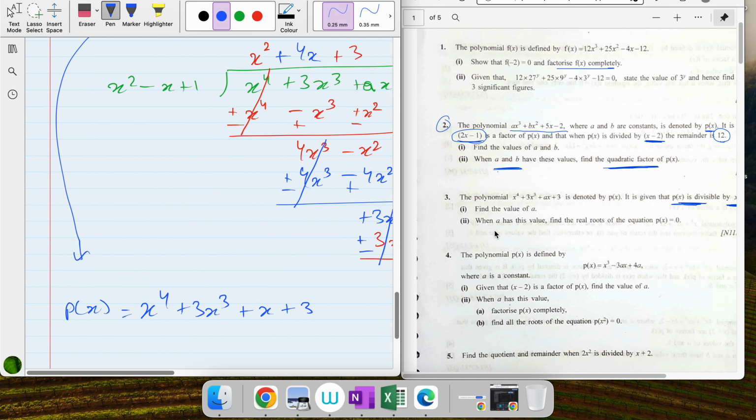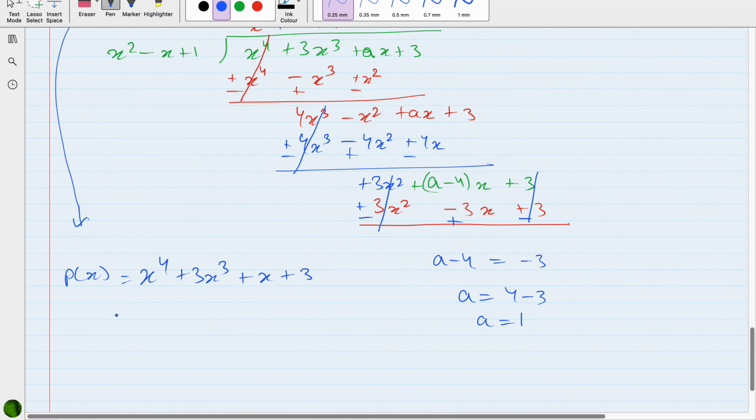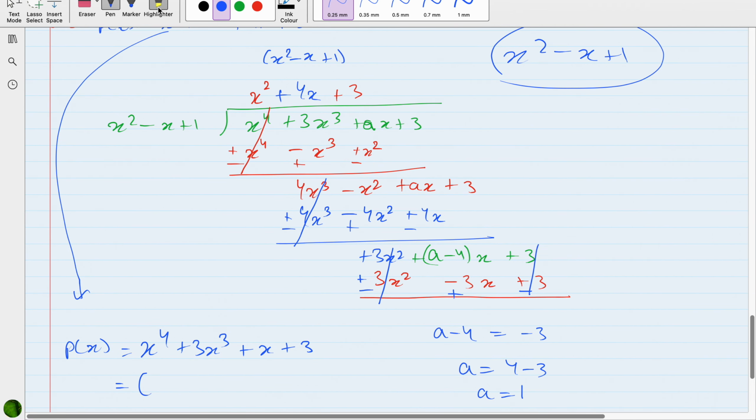And second part says when a has this value, find the real roots of the equation p of x equals to 0. So may I write this as the product of these two factors. One was already given, one is now in front of us, which is x square minus x plus 1 times x square plus 4x plus 3.